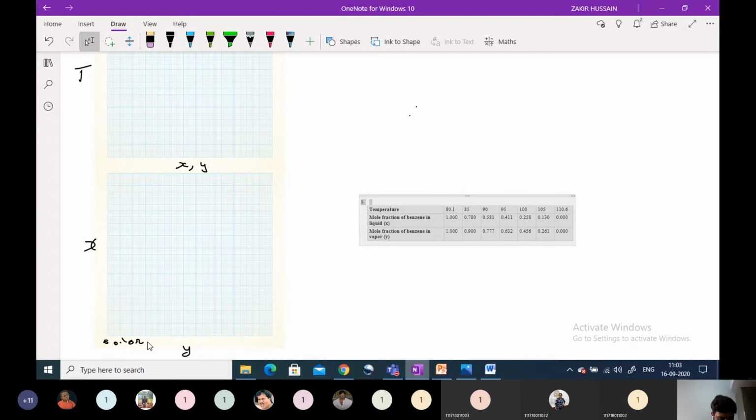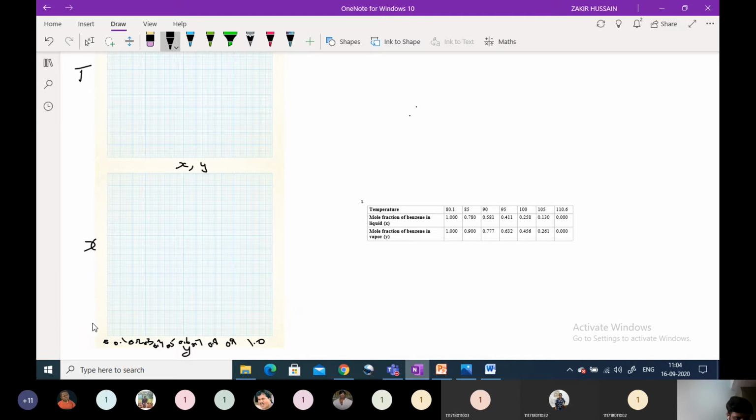So this will be 0.1, 0.2, 0.3, 0.4, 0.5, 0.6, 0.7, 0.8, 0.9, 1.0.